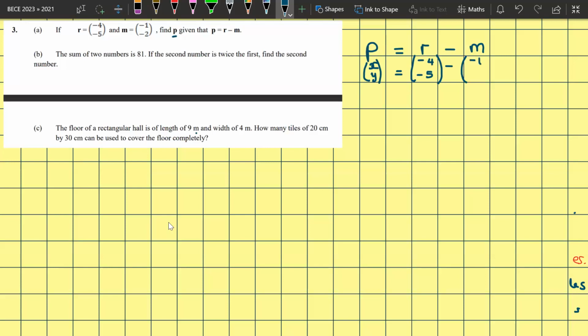(-1, -2). Okay, so -4 take off or subtract -1. Now that's the tricky part, that bit when you're subtracting a negative number, you are adding up.